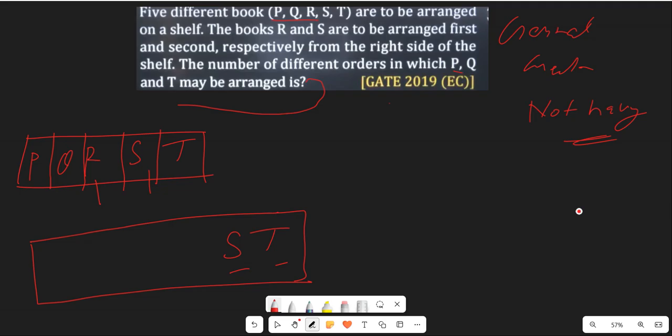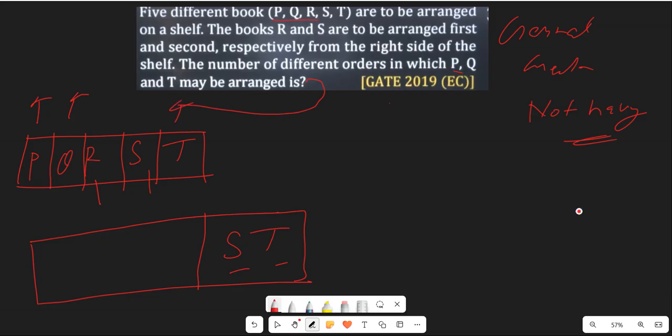Next, the question asks the number of different orders in which P, Q and T can be arranged.